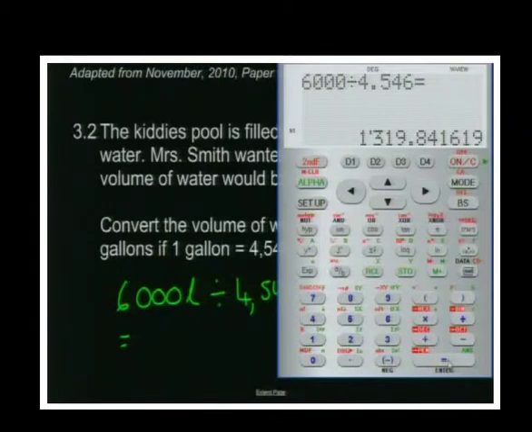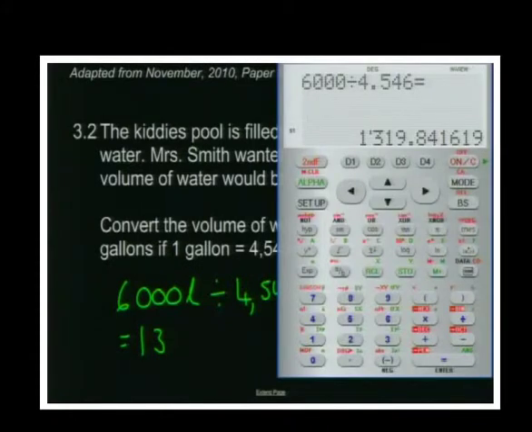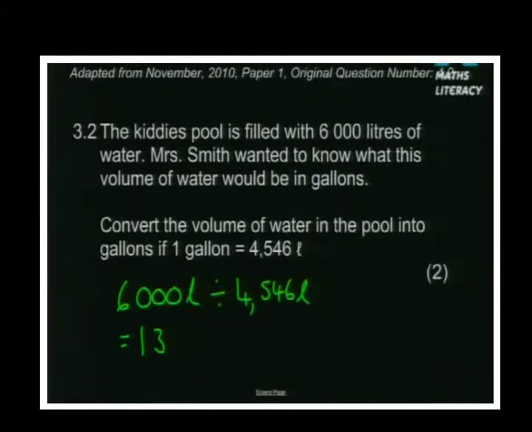It is 1,319.84, okay? So we're going to say I have 1,319.84 gallons. Happy? And that's the end of question 3.